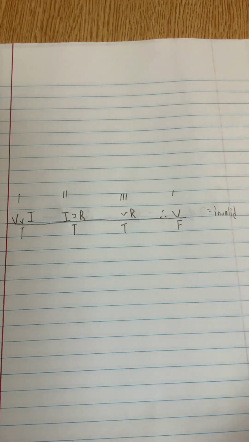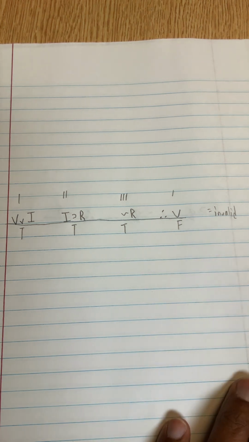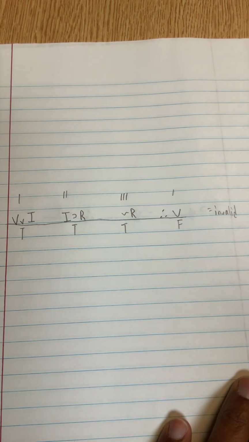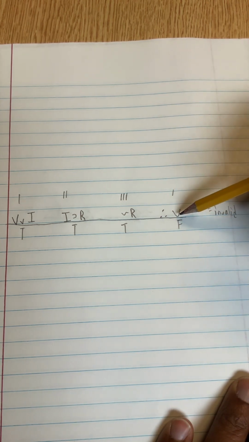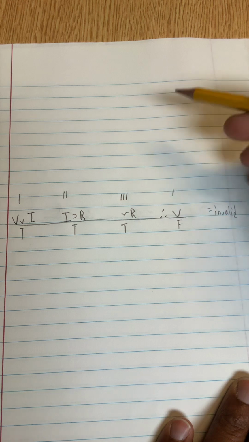So from here, all you're going to do is work backwards, or just fill in what you don't know with what you know. What I mean is this. I know that V is F. So if I find V anywhere else, it's also going to be F, or false.